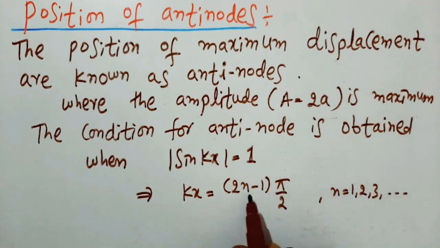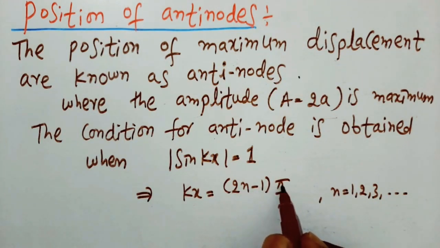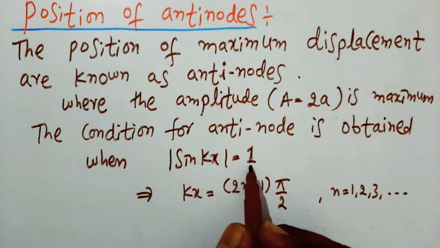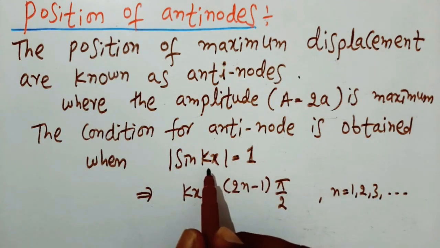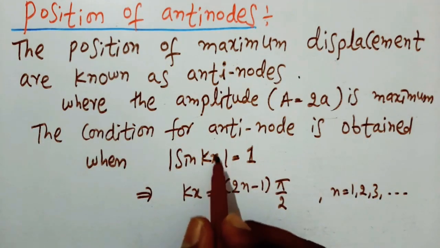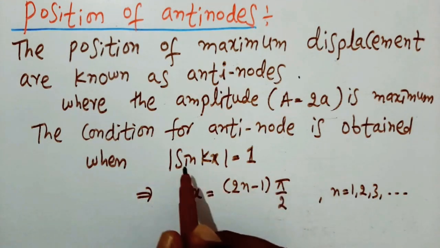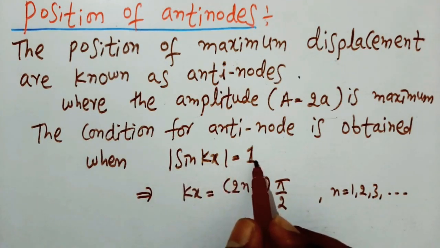If you substitute n is equal to 1, here 2 into 1 is 2, 2 minus 1 is 1, that is pi by 2. If kx is equal to pi by 2, then sin pi by 2 is equal to 1. So for kx is equal to (2n minus 1) into pi by 2, sin kx becomes 1.